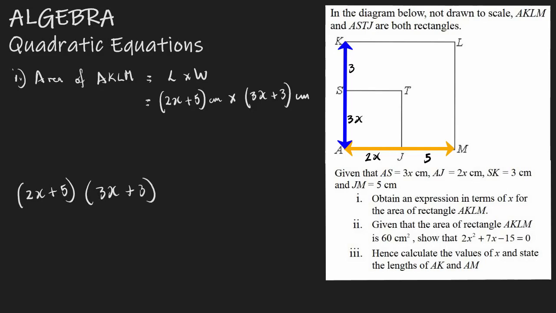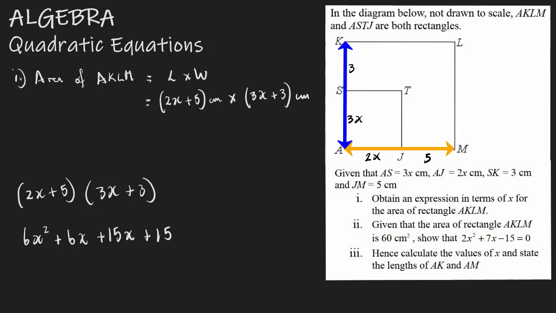Using the distributive law to expand my brackets, 2x times 3x, that is equal to 6x squared. 2x times positive 3, that is equal to positive 6x. Positive 5 times positive 3x, that is equal to positive 15x. Positive 5 times positive 3, that is equal to positive 15.